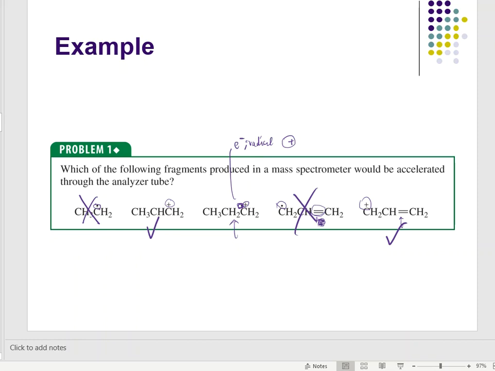Some of you might be prone to say, well, the positive will cancel out the negative, and that becomes neutral, and neutral molecules don't really go through the quadrupole. If you go through that reasoning, wrong. It's easier than that, people. As long as it carries that positive charge, and it does, then this ding, ding, ding will go through the mass spectrometer.